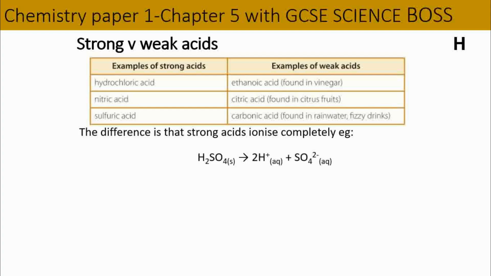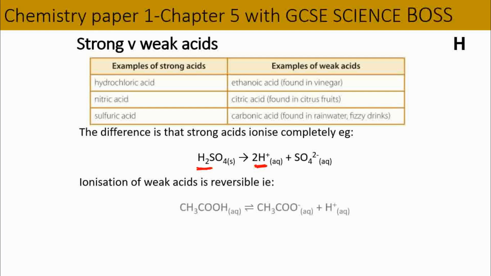All right. So as you can see here, sulfuric acid breaks up to give all of its hydrogen ions there. Okay. But in terms of a weak acid, if you notice here, look at the amount of hydrogen. We have 4. However, it's only produced 1. Therefore, that's why it's weak. It's only partially ionized. Okay, so the difference between a strong acid and a weak acid is that a strong acid completely ionizes, but a weak acid partially ionizes in the presence of water.